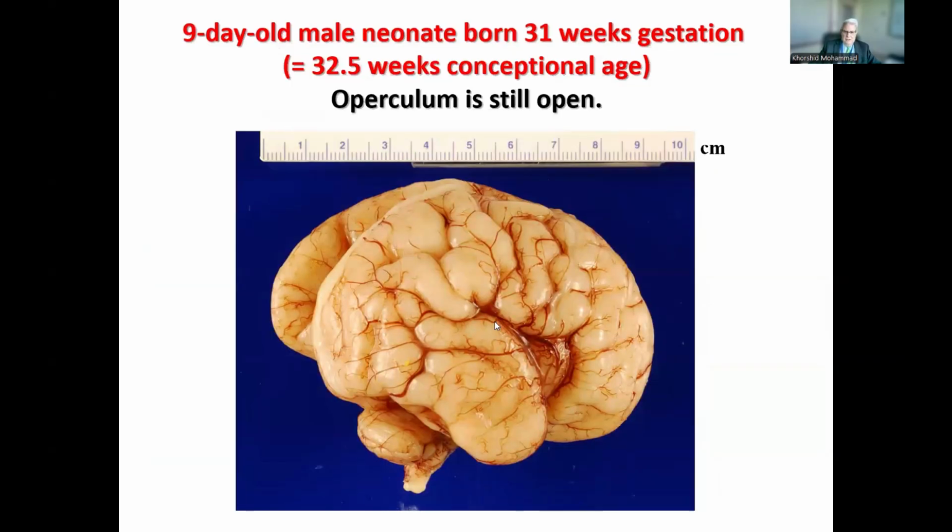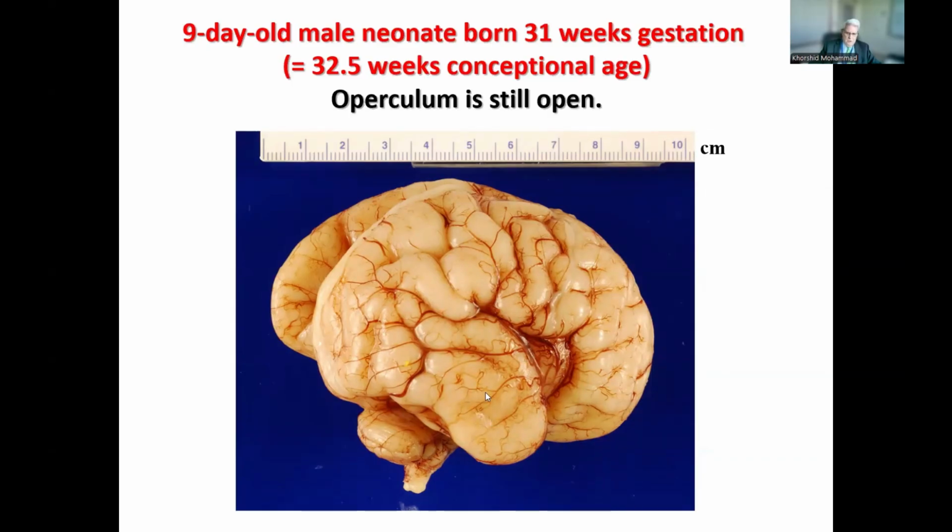And here is an infant that's essentially an almost term infant, well, 32 weeks conceptional age. He's actually 9 days old, but was born very prematurely. And you can see that the telencephalic flexure has formed well.